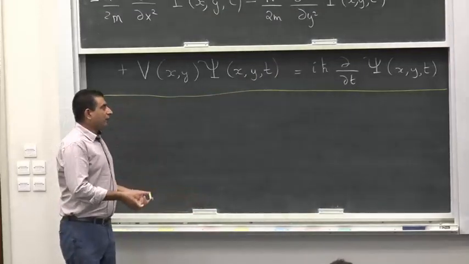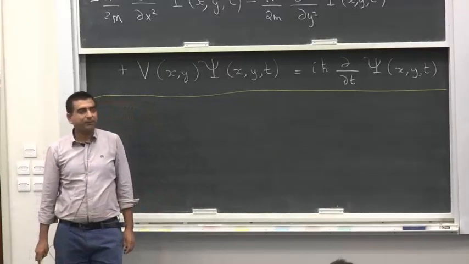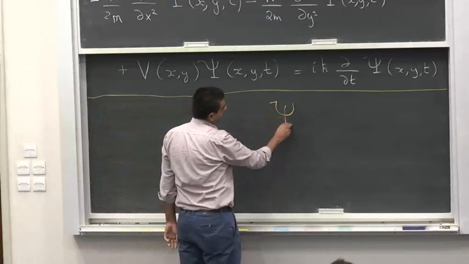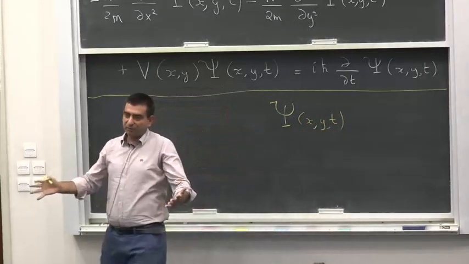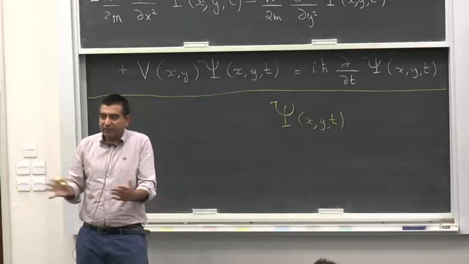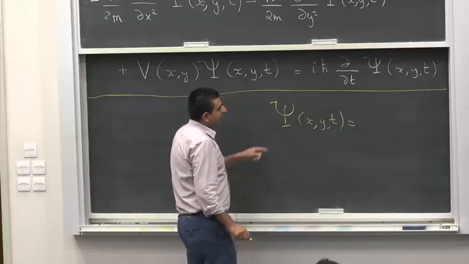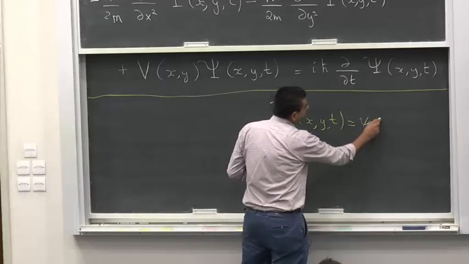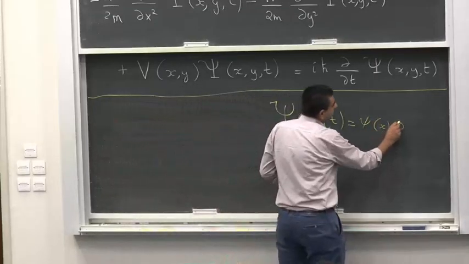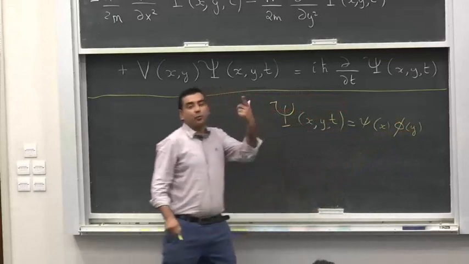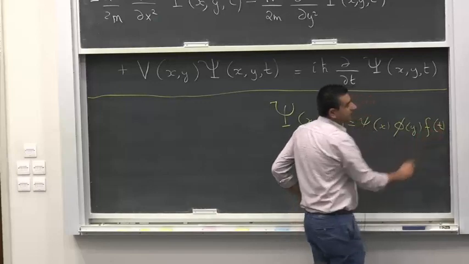So conventionally, as is always done, I would like to use the technique of separation of variables, which means that I break up my wave function into a spatial part and a temporal part. That's what I did with this one-dimensional equation as well, which means that I now have a function that only depends upon x, I call it small psi, and a function, let's call it phi, that only depends upon y, the second variable, and a function f that only depends upon time.